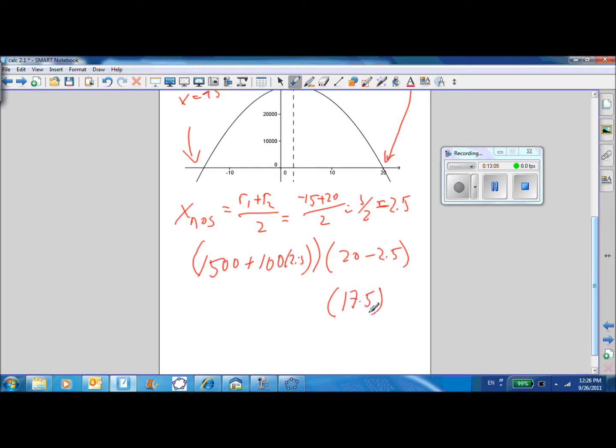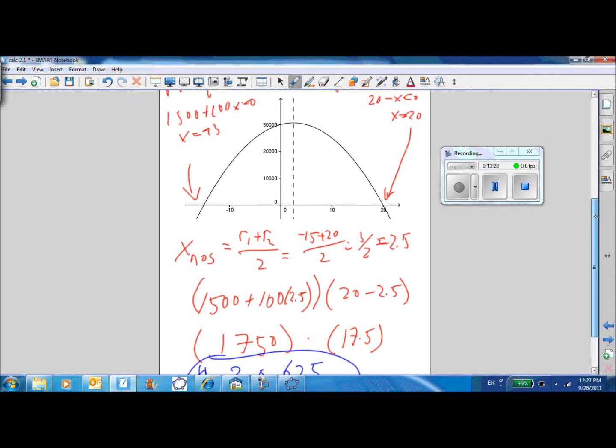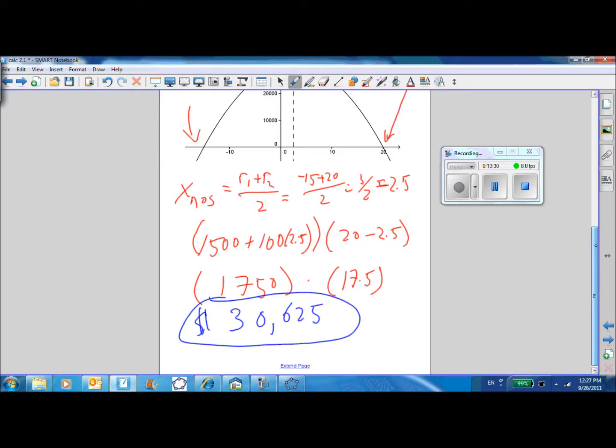As a result, our numbers have jumped up here, and that's going to be 1,750 tickets at $17.50 for a price there. And you multiply those two together, and you get our grand total now of $30,625 for our max income. And that compares favorably on the graph there. See how we just go over 30,000 there at the peak.